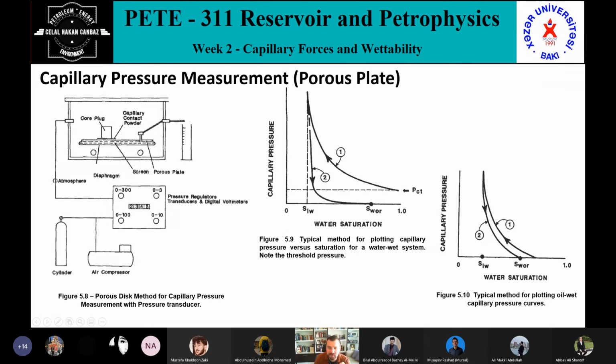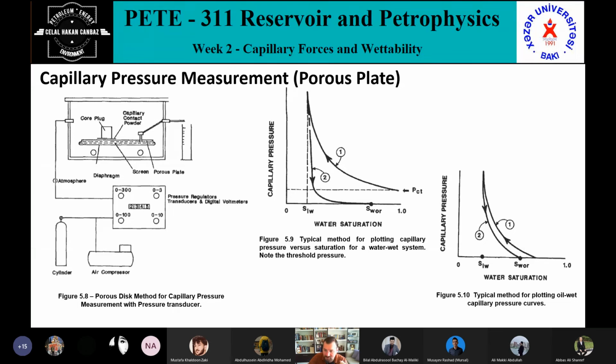Let's talk a little bit about the procedure before passing to these plots. First of all, your core is saturated with water, which can be pure water or salty water brines, using sodium chloride, calcium chloride, or potassium chloride. These brines are needed to stabilize the clay minerals, because they tend to swell and dislodge when in contact with fresh water.